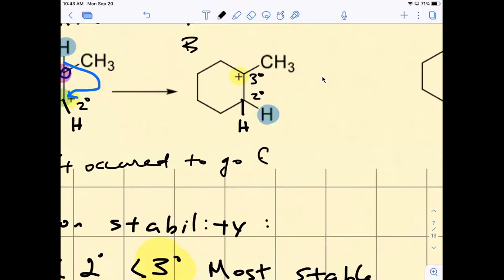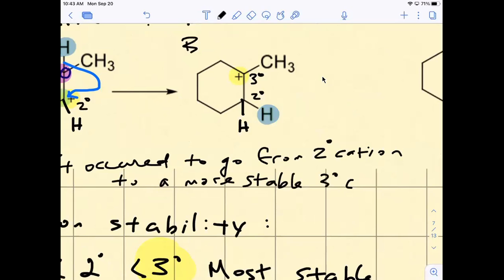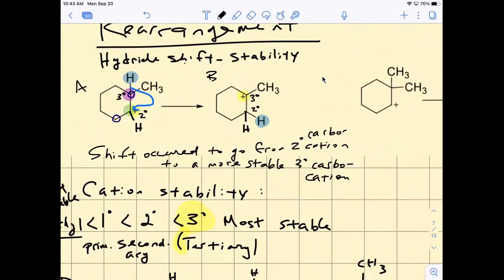A secondary carbocation to what? Tertiary, or more stable. Tertiary carbocation. I'm going to put the carbo part in here too, because it's not just any cation. All right, so that shift happened to go from a secondary carbocation to a tertiary carbocation.